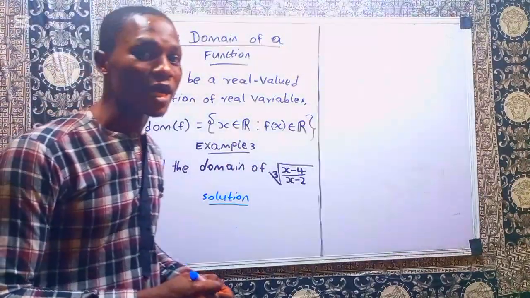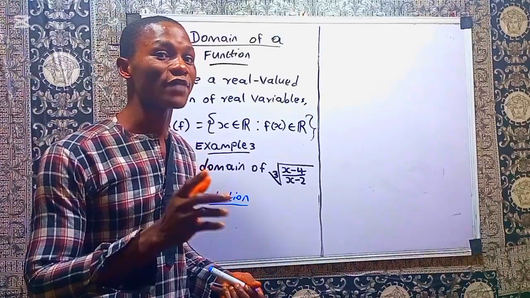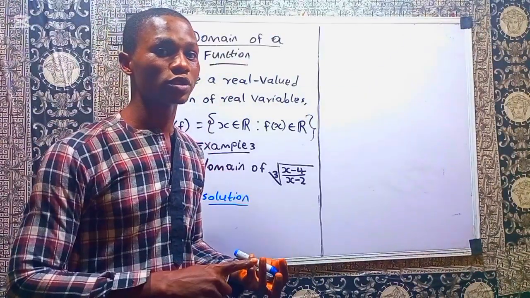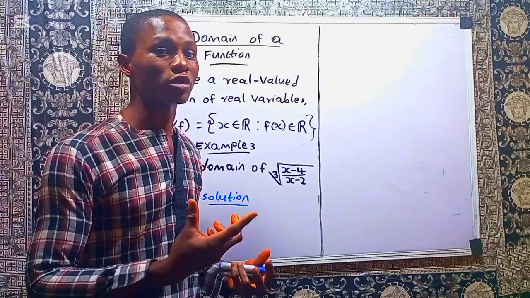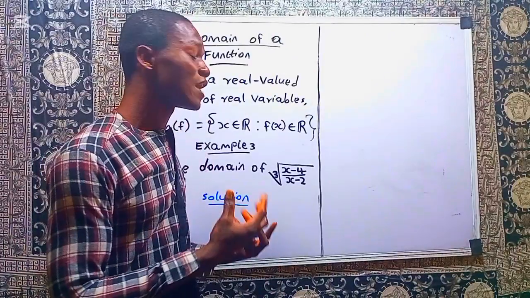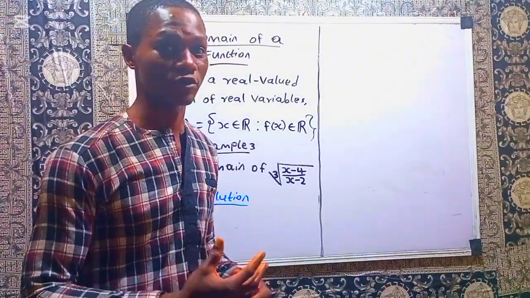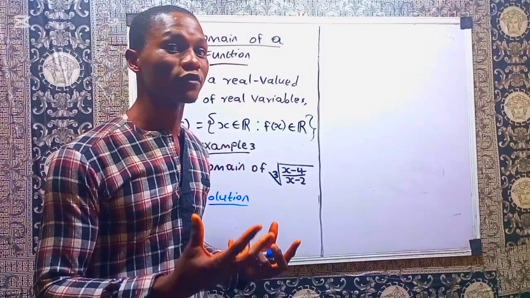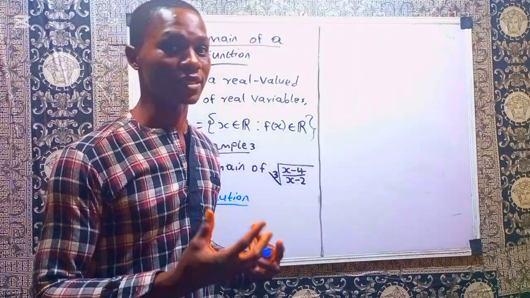Now, if you have odd roots, third root, fifth root, seventh root, all these ones are odd roots. We have odd roots of negative numbers. We have third root of -8, third root of any negative number exists.